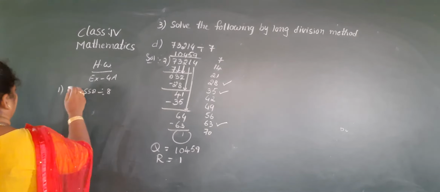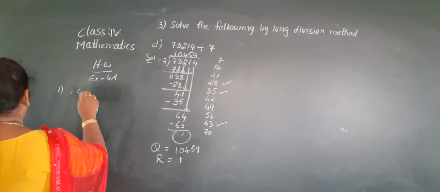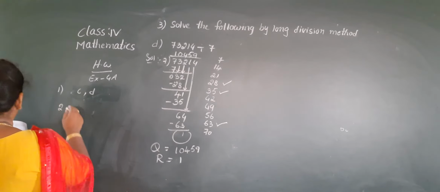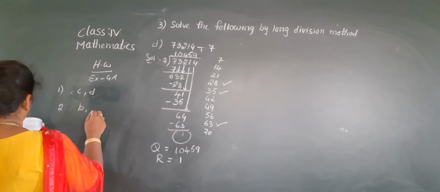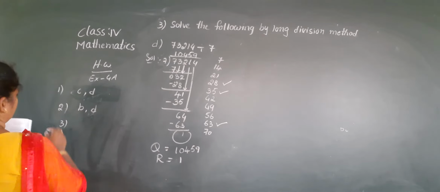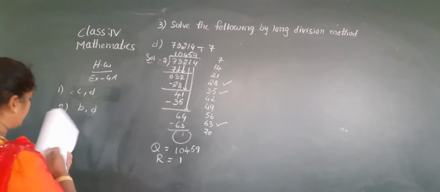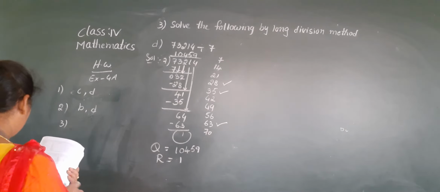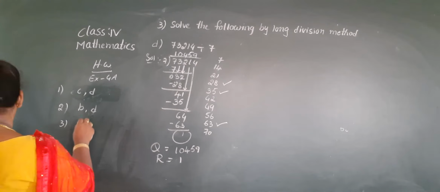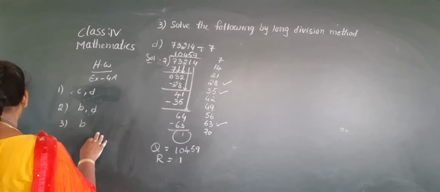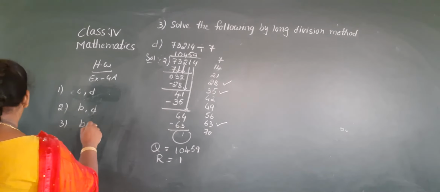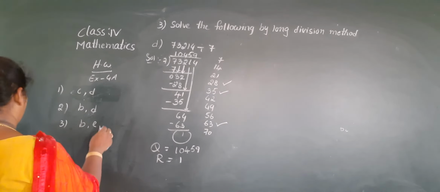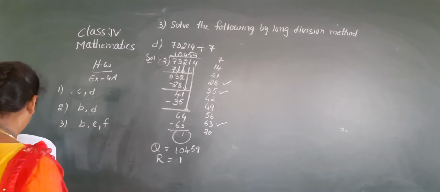I will explain it like this: first Roman C, D; second Roman B, D; and third Roman B, E, F. I will complete B. B, E, F, do as homework.